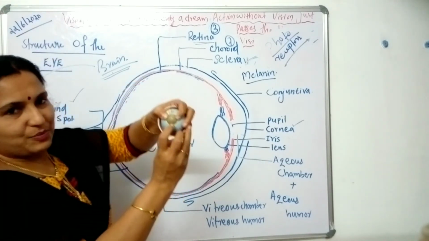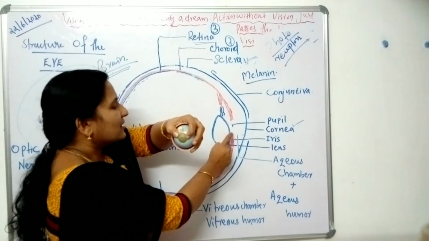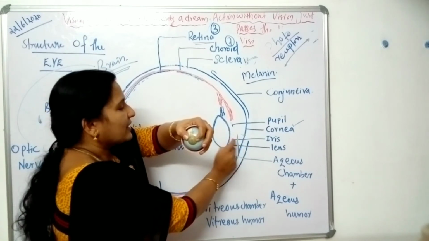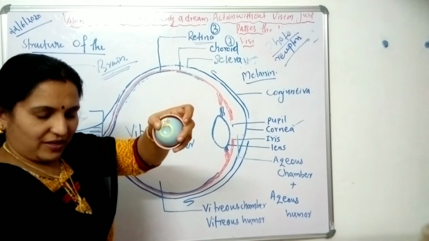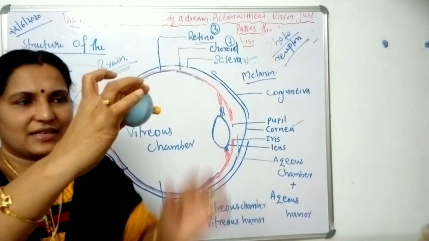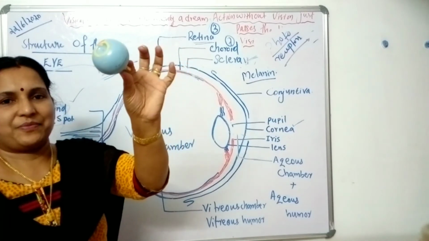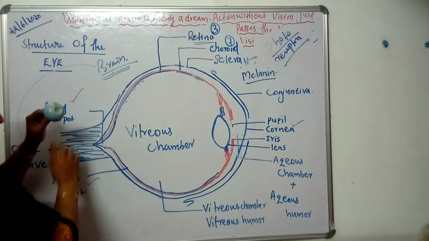A convex lens is present; it is a model only. So this is known as the lens, this convex lens. Next, the innermost layer. The innermost layer is the retina.